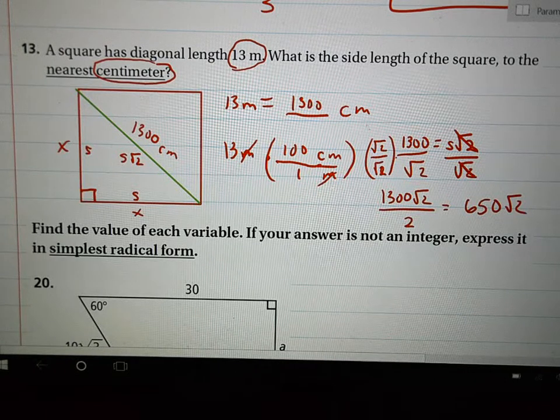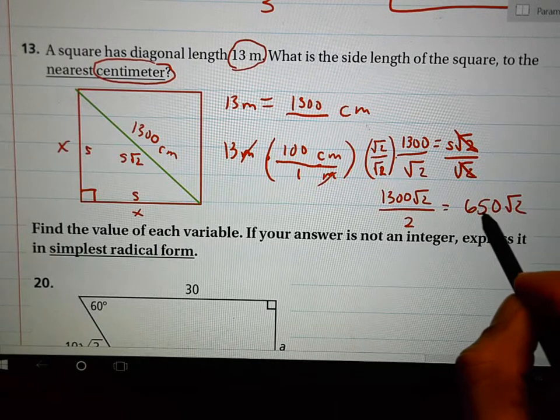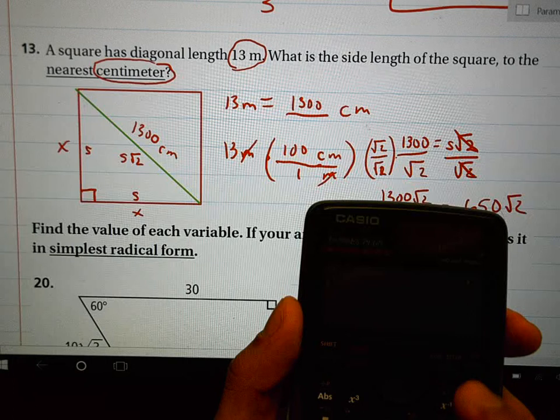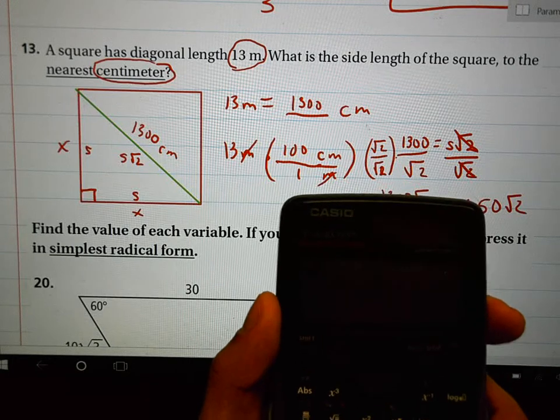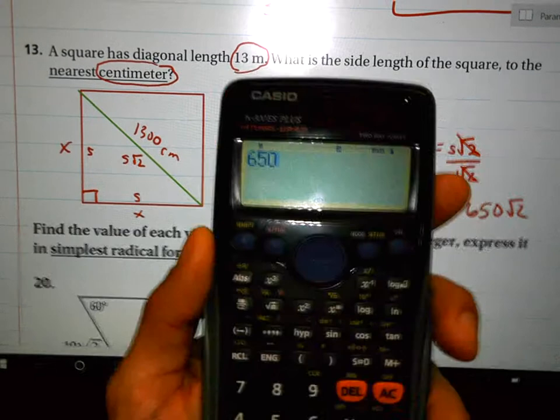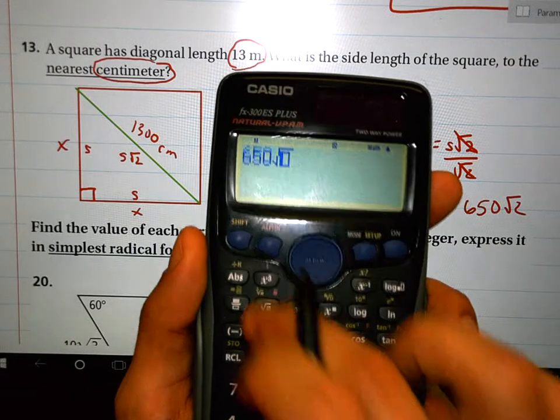That is not our final answer, because our final answer has to be to the nearest centimeter. And the nearest centimeter is 650 centimeters times root 2. You need to actually multiply that on your calculator. 650, I'll show you what it looks like, times the square root of 2.